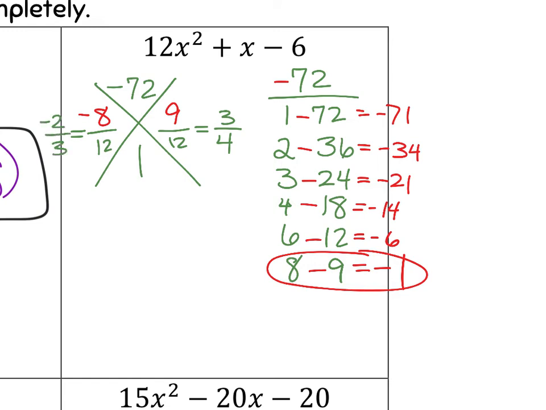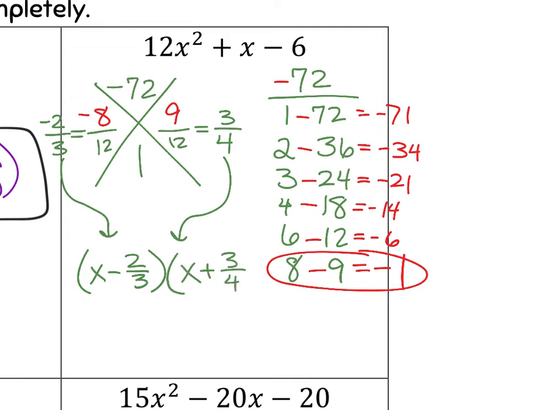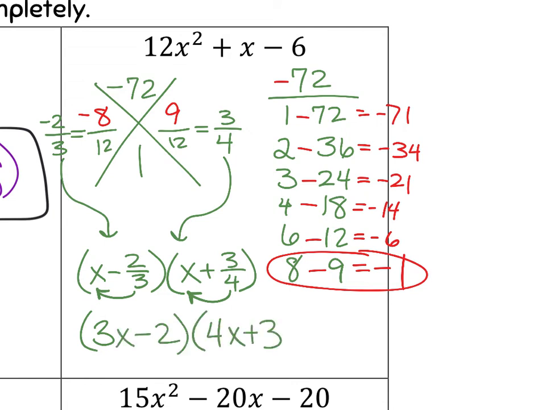Negative 2 over 3. I'd have x minus 2/3, x plus 3/4. You have to swing. Swing the denominators forward. 3x minus 2 and 4x plus 3.